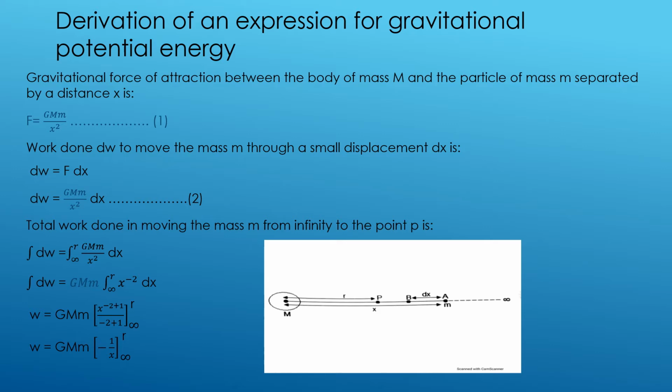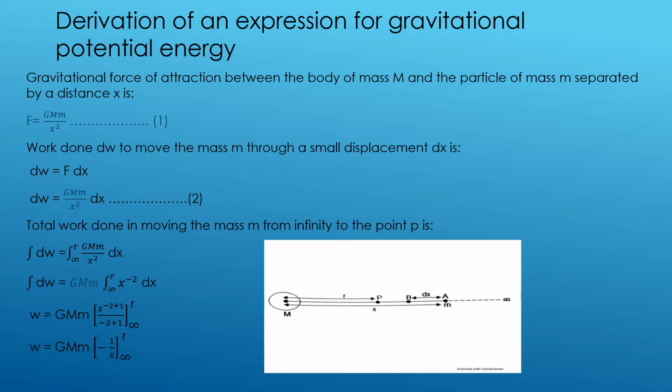For this, we will write the gravitational force of attraction between the body of mass M and the particle of mass small m separated by a distance x. We can write the gravitational force F is equal to capital G capital M small m divided by x square. We will consider this as equation 1.